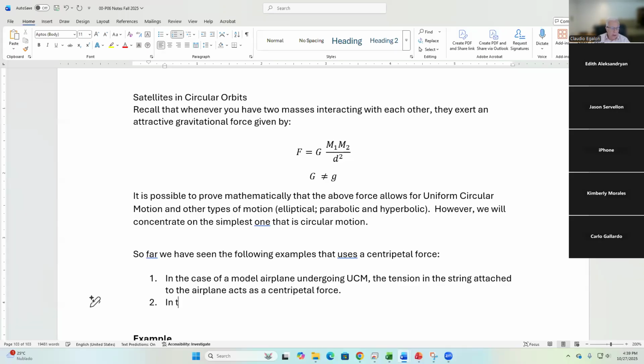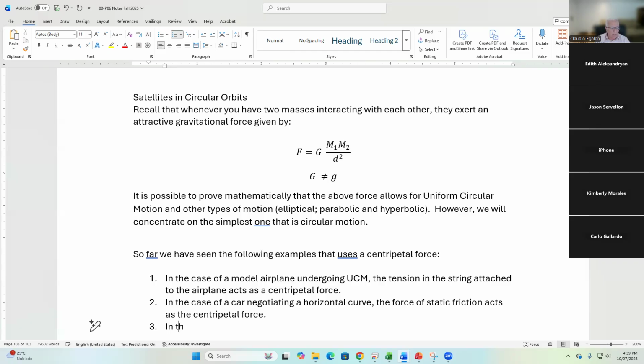Two, in the case of a car negotiating a horizontal curve, the force of static friction acts as the centripetal force.